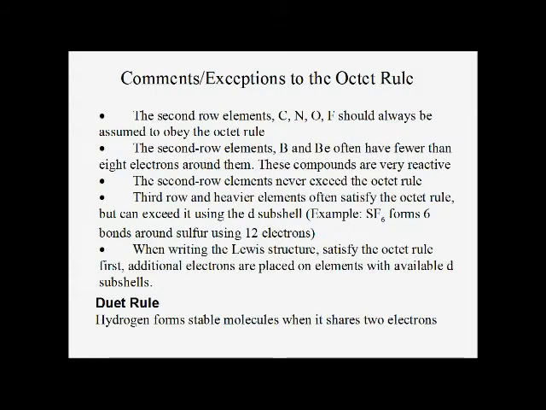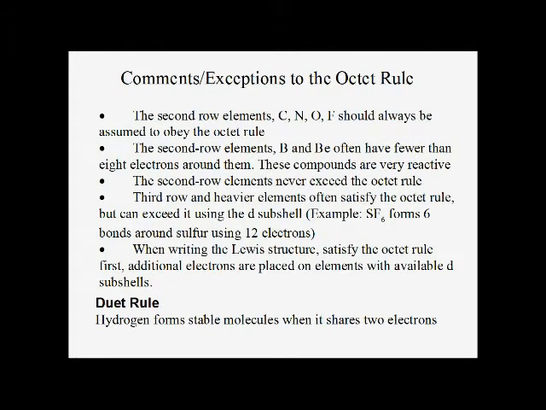So we're going to have a couple exceptions to the octet rule. Second period elements, carbon through fluorine, we expect to always obey the octet rule. Boron is an odd element. It seems to like to have only 3 pairs of electrons, so it will often complete itself with 3 pairs of electrons and not go for the octet.